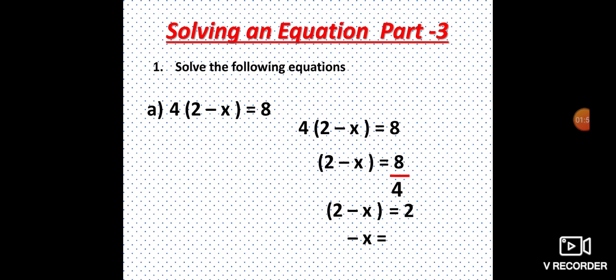Remaining minus x. Minus x equal to 2 minus 2, that is minus x equal to 0. Therefore, x equal to 0. No sign for 0, positive or negative. So, we write it as x equal to 0.